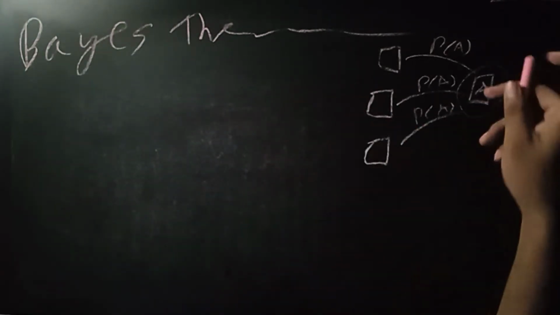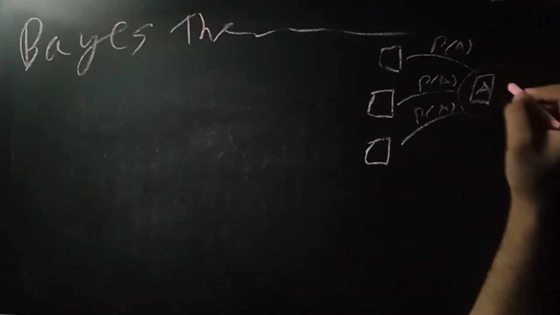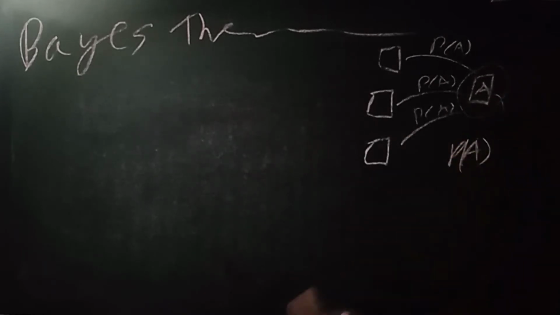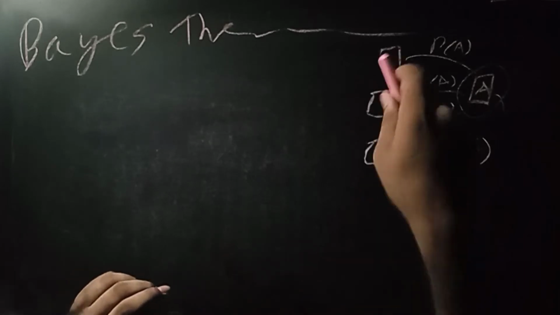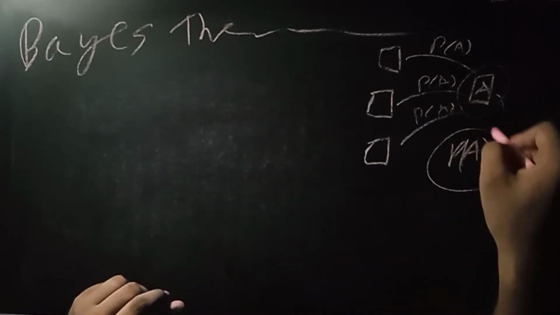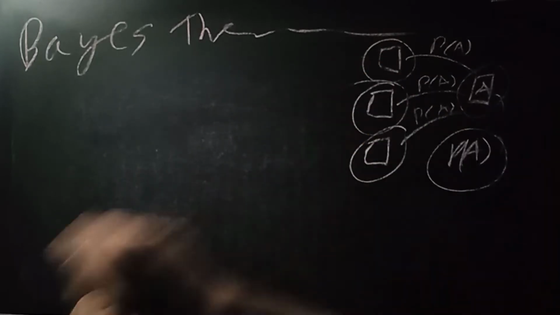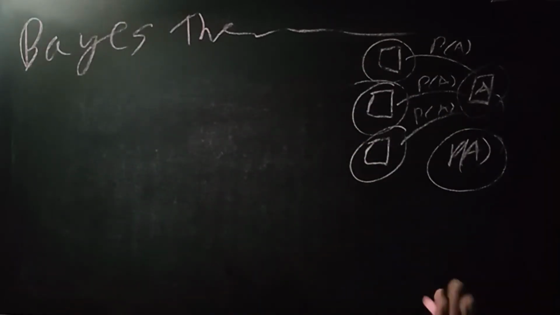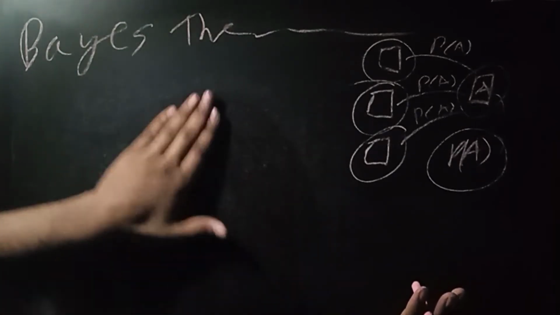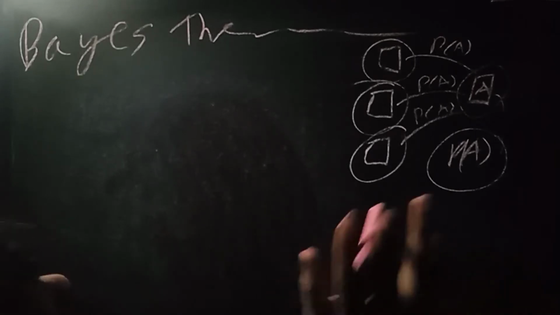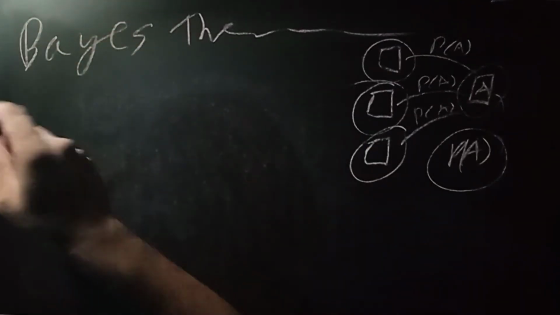But in Bayes theorem we are going to do the reverse: the probability of A will be given as a whole, and then we have to find the probability that this A is coming from a specific event. So here also think of the basic formula of probability, P of NA by NS. That's all there is, because this is going to be something like this.